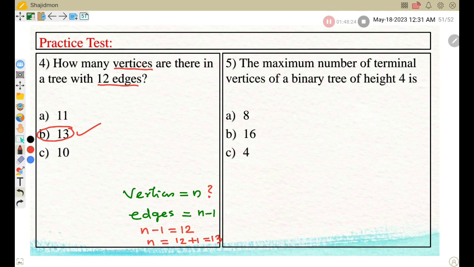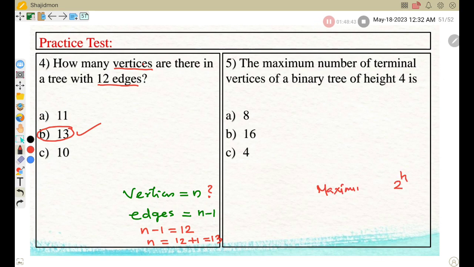The maximum number of terminal vertices of a binary tree of height h is that. We studied one rule actually. Maximum number of terminal vertices of a binary tree of height h is 2 power h. Correct?